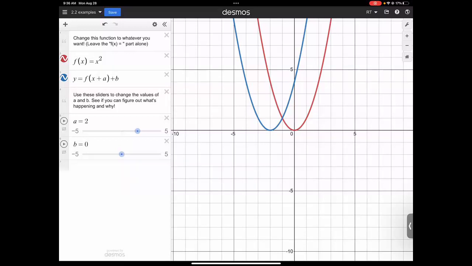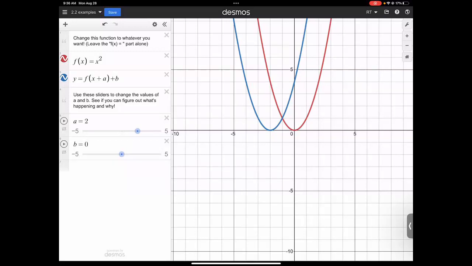It also helps to explain why it moves backwards. If I'm adding to the x value before I do whatever the function does, that makes everything happen a little bit earlier, which is why it moves to the left. If I take away, that's going to move 3 to the right. It makes everything happen later, because I'm pushing the schedule back a little bit. So this A happens on the inside, shifts left and right, and feels backwards.